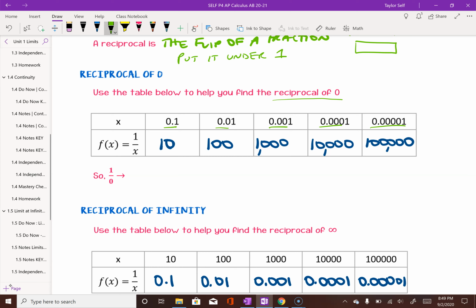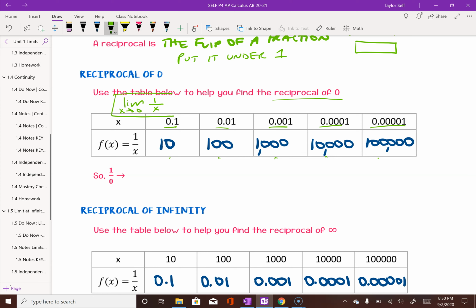Right here in this table, we're finding the limit as x approaches 0 of 1 over x, but it can't actually equal 0. In the box, I want you to tell me, what does it look like this limit is approaching? As we get closer to 0 in our x values, what is the y value approaching?